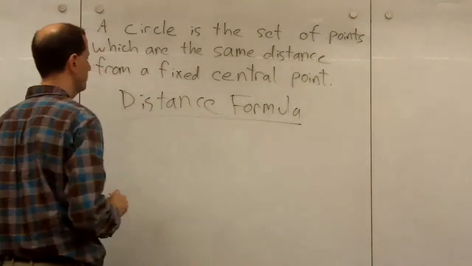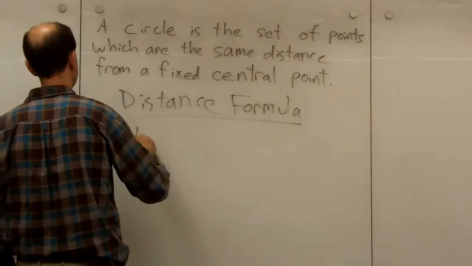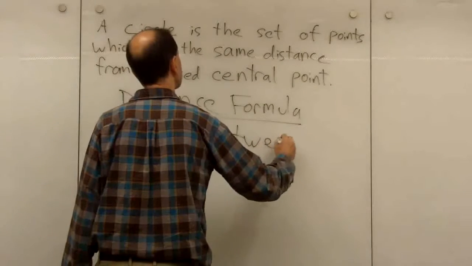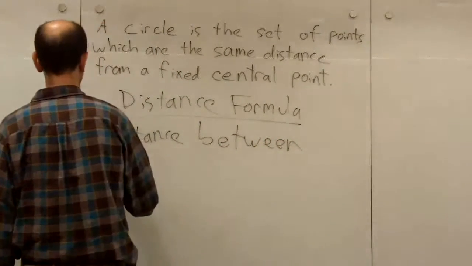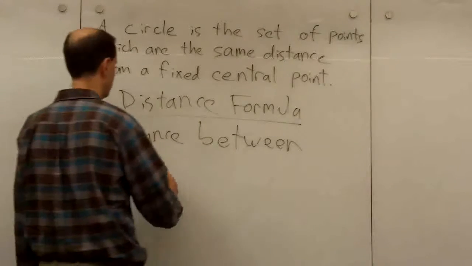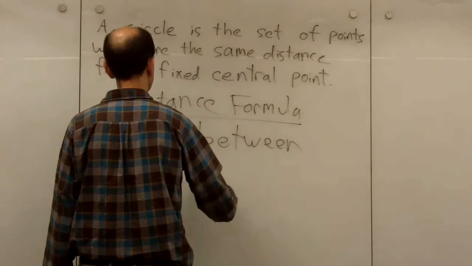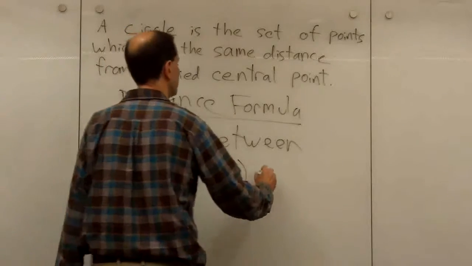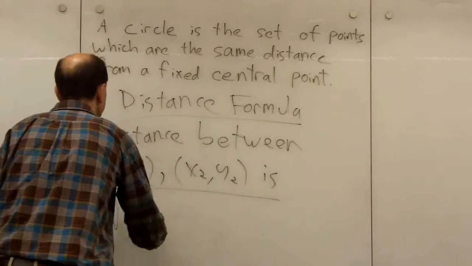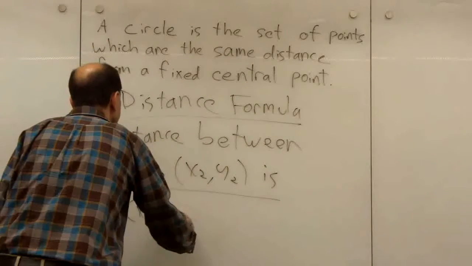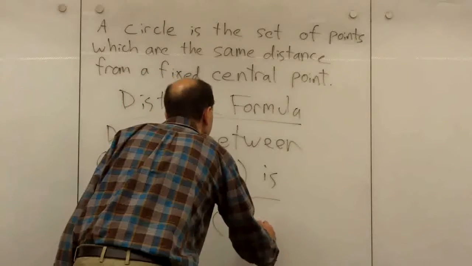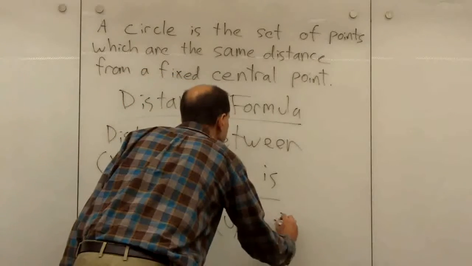So the distance formula says that the distance between, say, a point (x1, y1) and the second point (x2, y2) is given by the square root of the quantity (x1 minus x2) squared plus the quantity (y1 minus y2) squared.